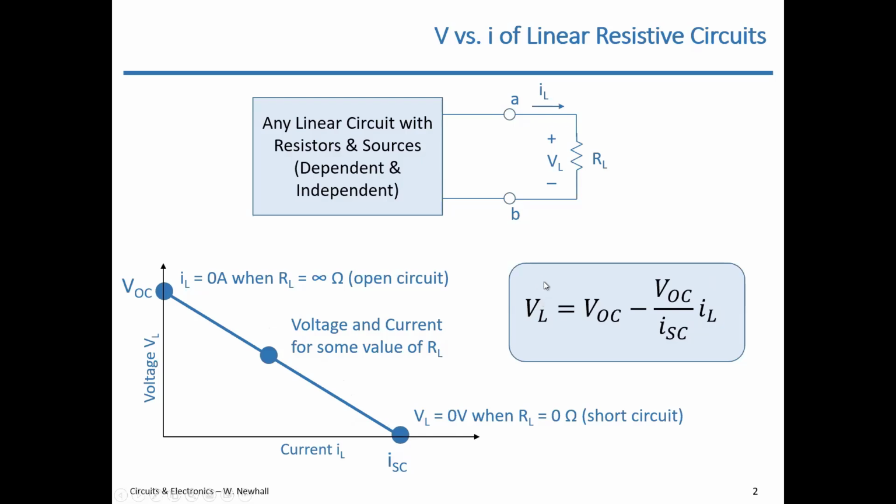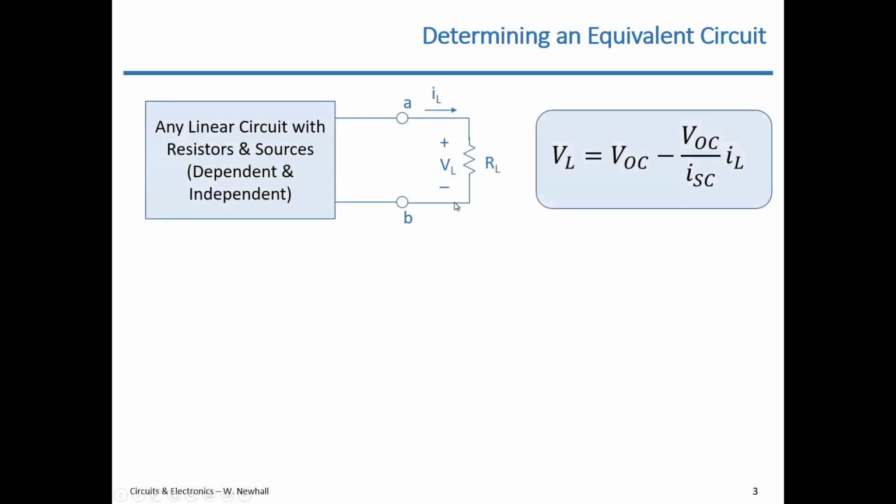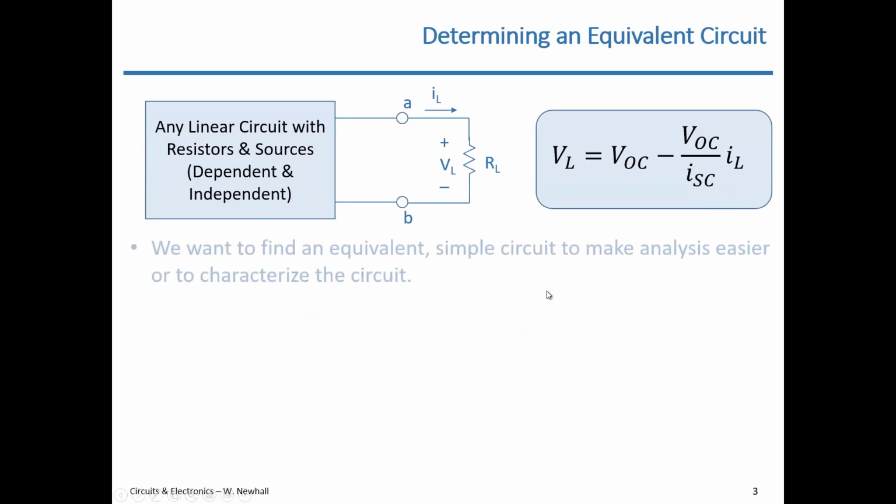All right. So let's figure out how to use that to determine an equivalent circuit. We're going to call that the Thévenin equivalent circuit. We'll get there. This is what I had on the last slide. Changing the resistance causes the voltage and current to change like this. And we want to find an equivalent simple circuit for multiple reasons.